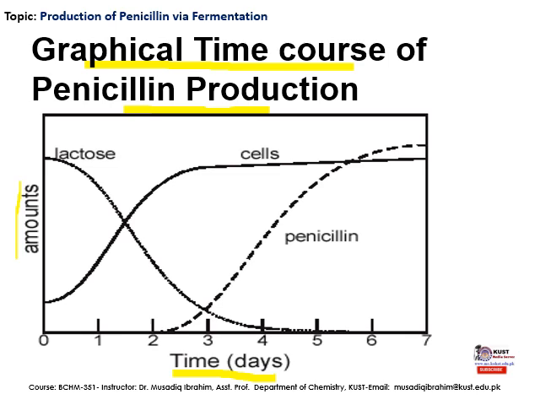So first of all, we will focus on the cells, the fungal cells which are producing the penicillin as a secondary metabolite.